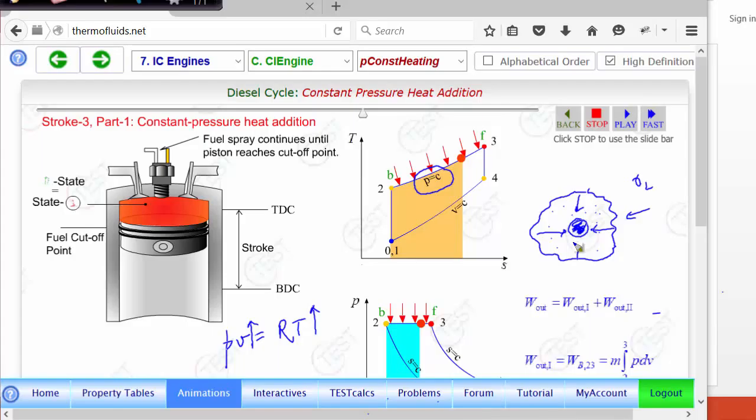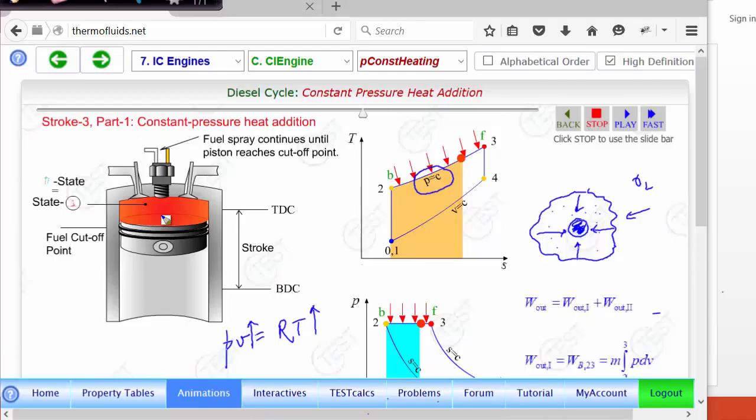Because these droplets haven't completely burnt yet, and we have too much fuel to burn within the little bit of time, and when the exhaust is thrown out, there are still fuel droplets left. They're all charred, turned into soot, and that causes the black smoke, which you don't see in a gasoline engine.